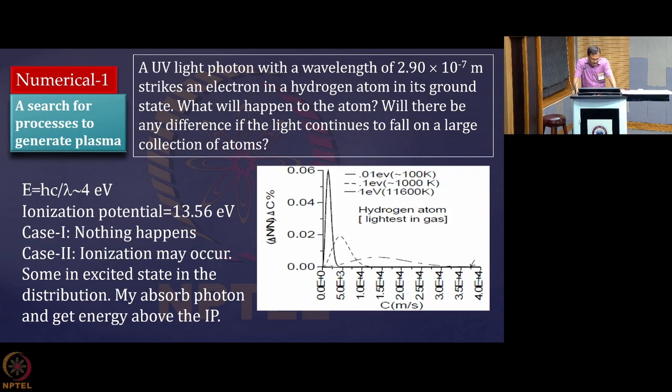This gives a very fundamental insight that to generate plasma, a collection of particles may help, because of the very nature of the Maxwellian distribution, or whatever natural energy distribution you take, you may get some particles which always have very high energy, and they may excite the atoms in the ground state to a pretty excited state.